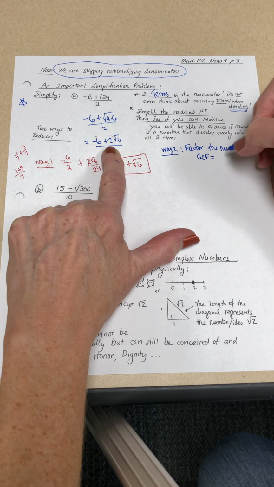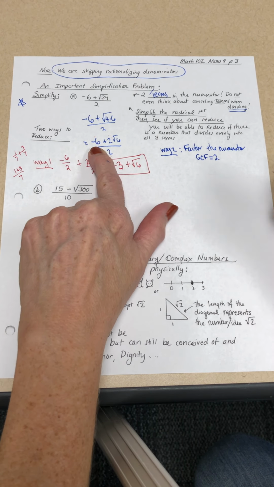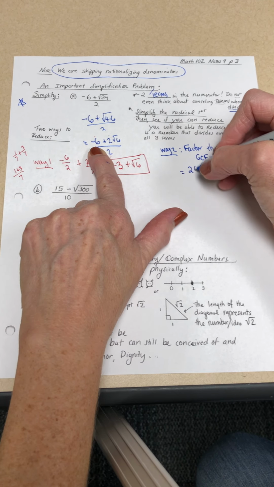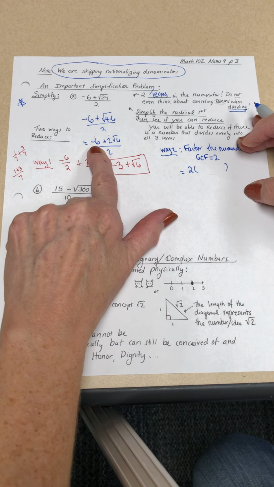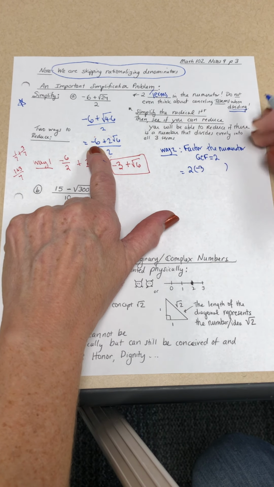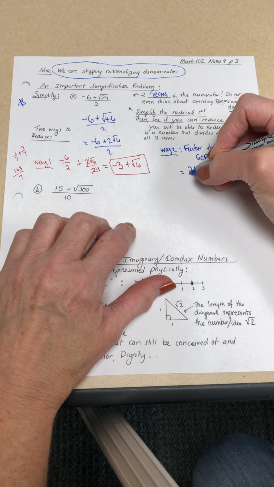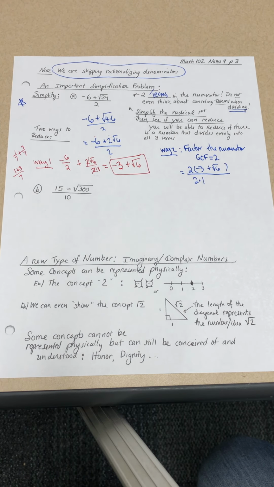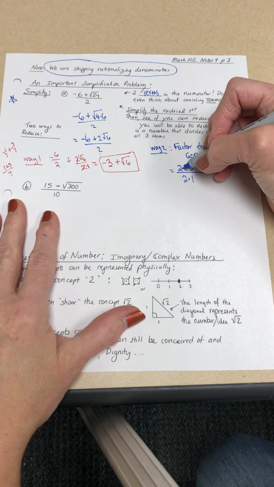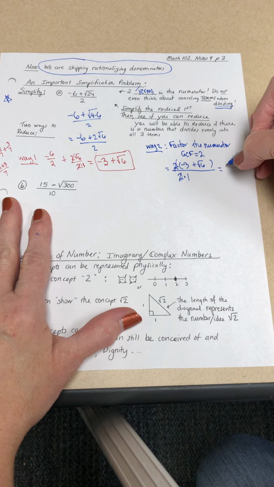And for these problems, that's all you'll ever have to factor out of the GCF. GCF is 2. So the numerator would be 2, open your blank parentheses. 2 times what gives you -6? That'd be -3. 2 times what gives you 2 root 6? That'd be plus root 6. And this is still over 2, and you can think of that as 2 times 1. So now you have identical factors in your fraction. You can cancel identical factors when dividing, and you're left with -3 plus root 6.